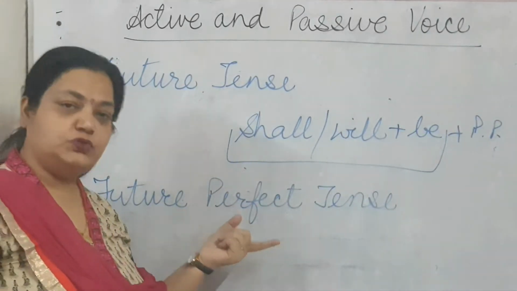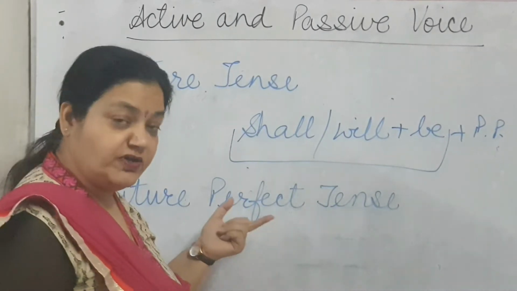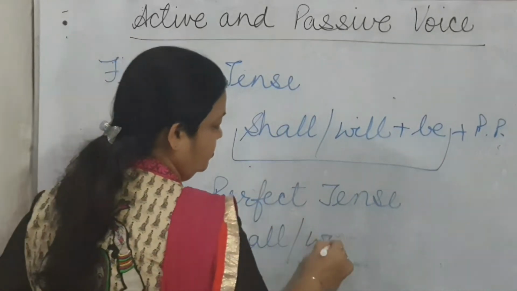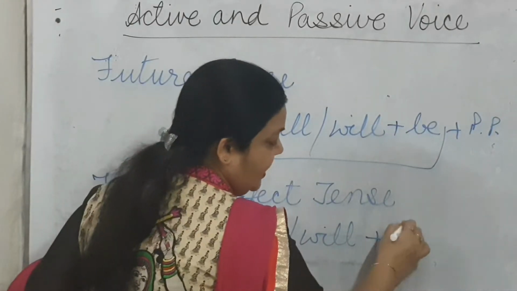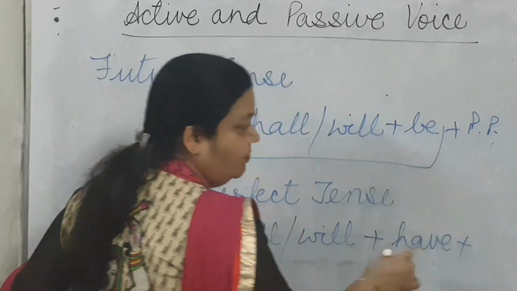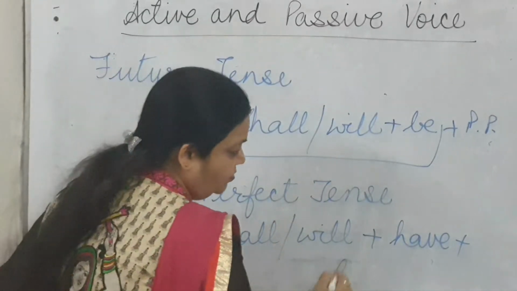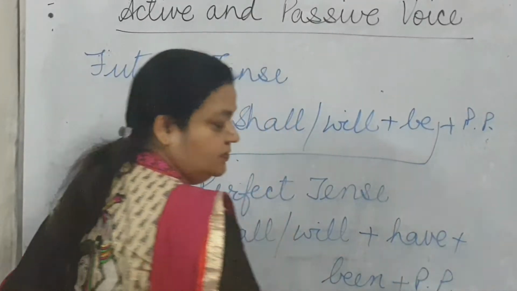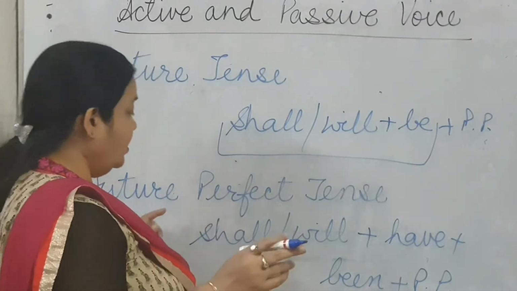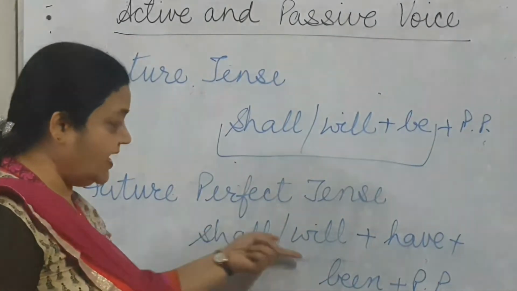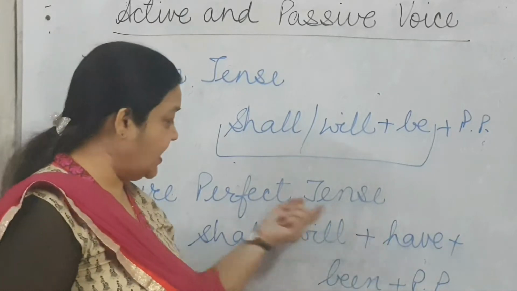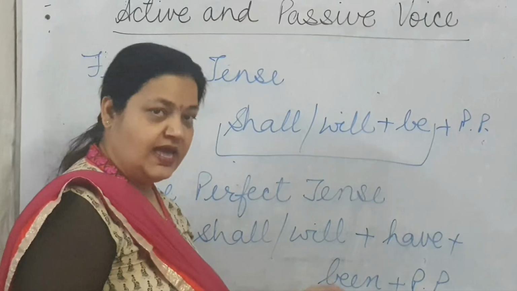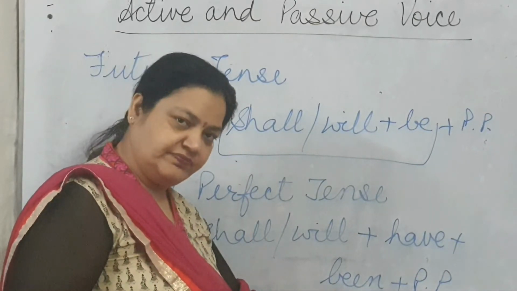If you are talking about future perfect tense, shall, will, plus have is added, plus the be changes to been, plus past participle. For future perfect tense we have shall have, then have is added for perfect tense. This be changes to been and the past participle is there.